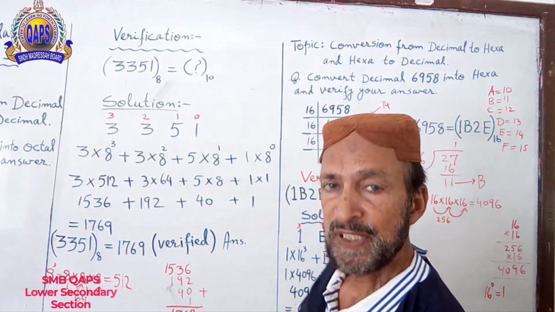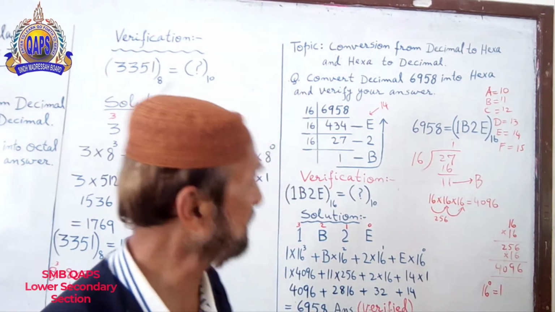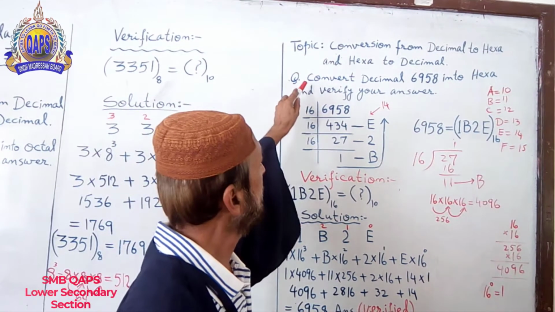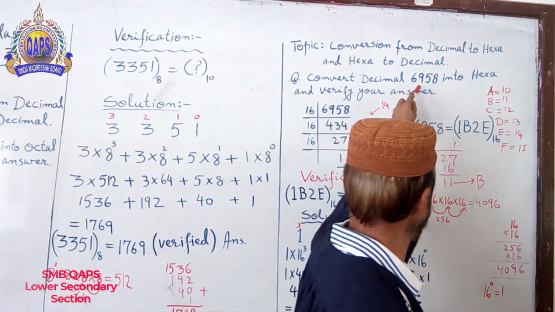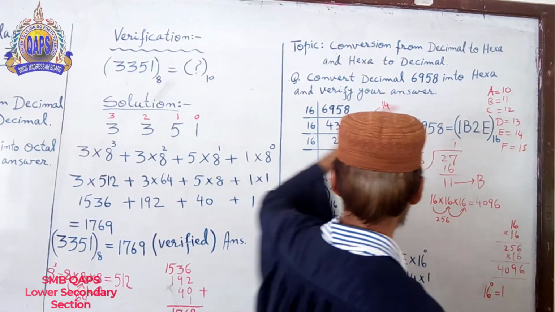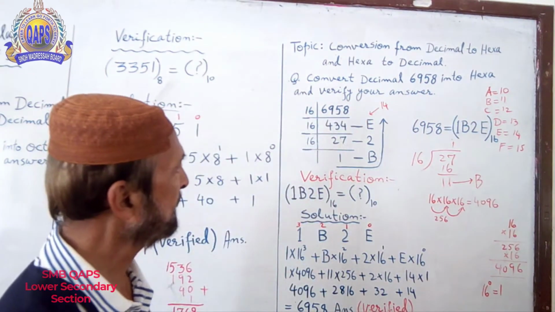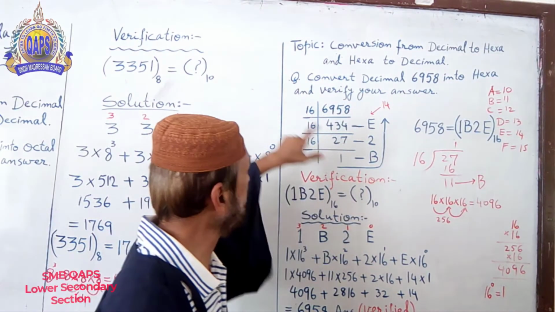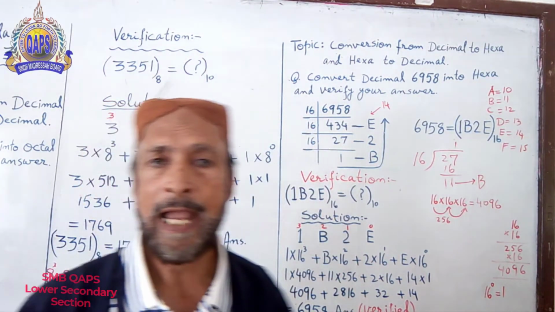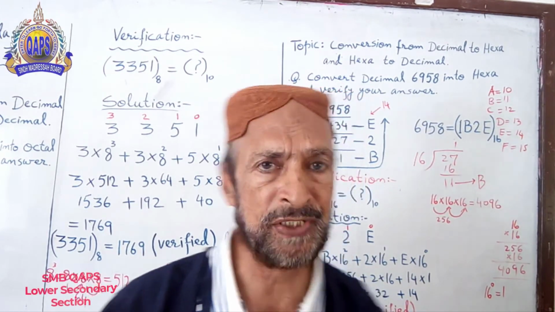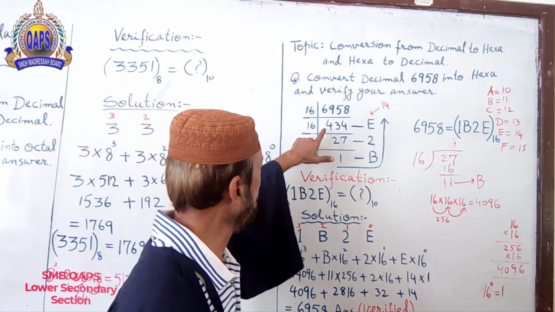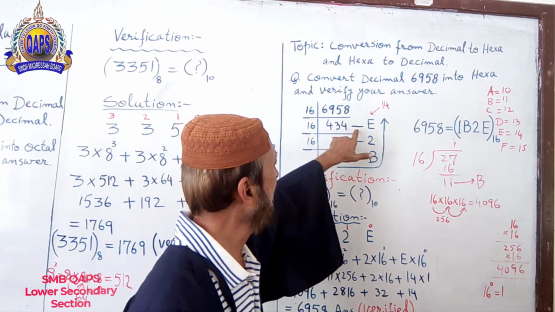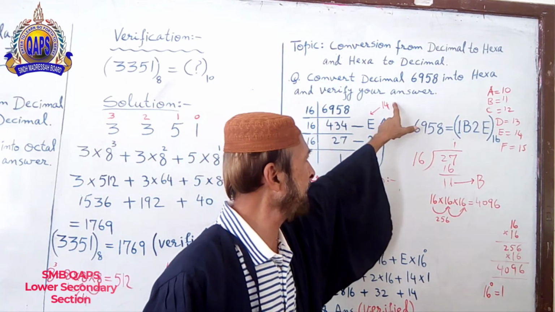So, clear? Now I am coming on hexadecimal. Convert decimal 6958 into hexa and verify your answer. See, write this thing over here, divided by 16, because hexadecimal has base power 16. It will be 434 and remainder 14.